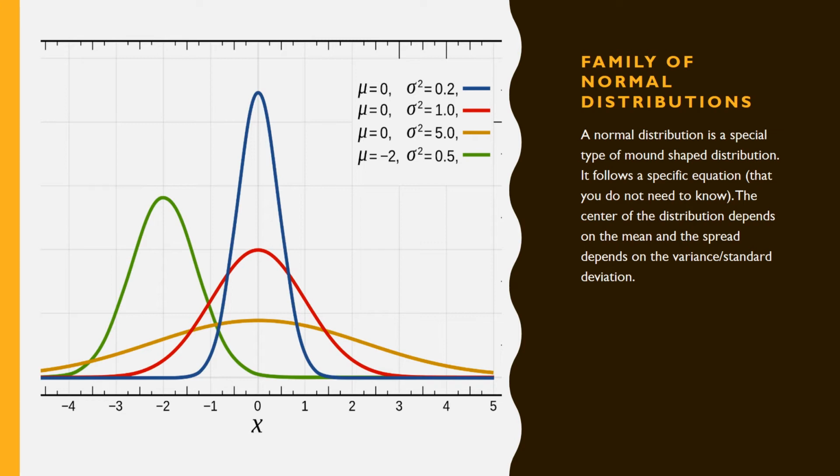And it looks like its variance is between the blue and the red one, right? It's somewhere in between. So the mean tells you the center, and the variance or the standard deviation tells you how spread out it is. So remember, standard deviation is just the square root of variance.